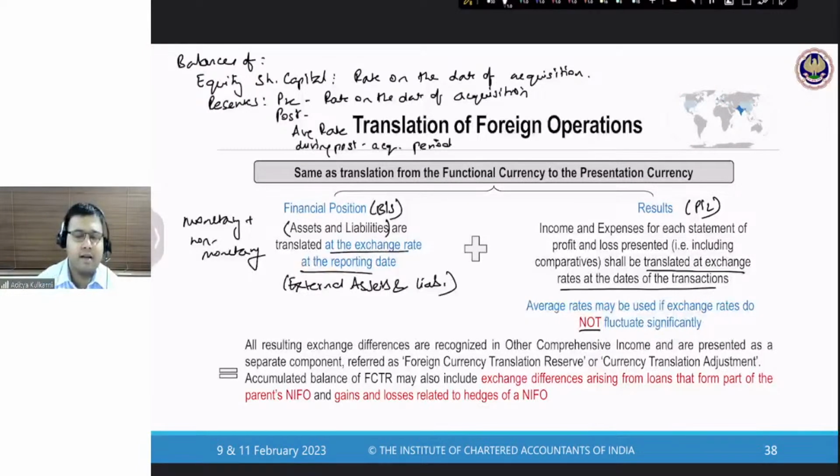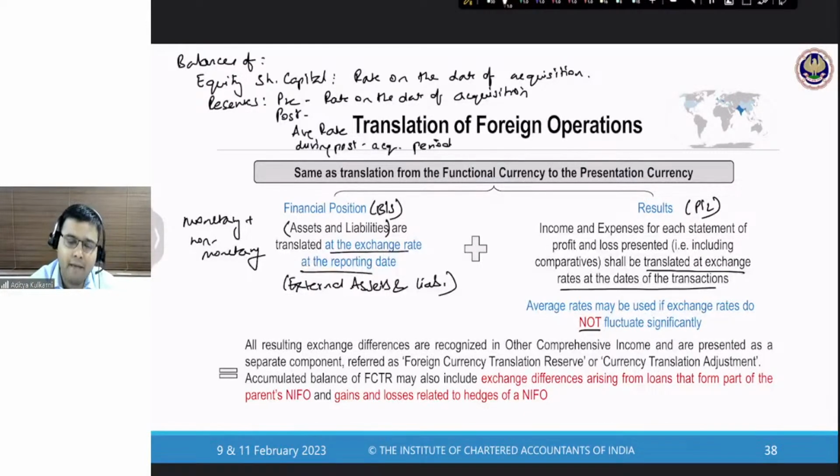Do you think the converted trial balance will tally? It will not tally. 99.9% it will not tally. Sir, 0.1% it may tally by coincidence, but in most of the cases, practically all the cases, the trial balance is not going to tally. There will be a balancing figure.